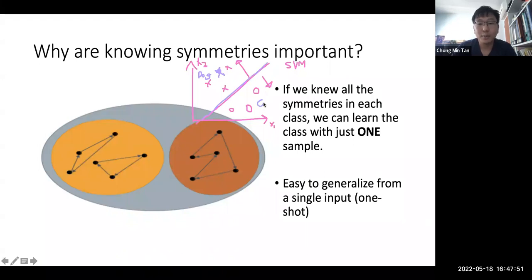So with just one sample, you can already classify, because you know how it divides the manifold. If all the different perturbations of the input fall within one part of the space and the other perturbations fall in another part of the space, you just need one sample to determine the supposed class for it.